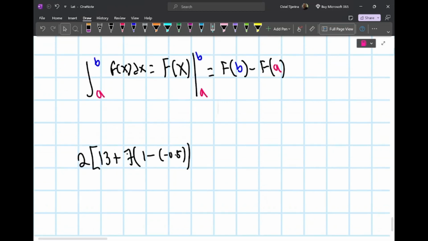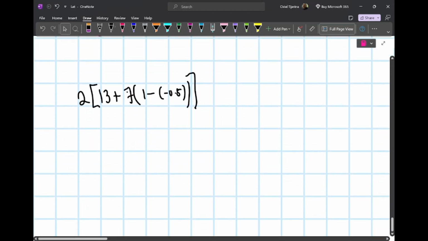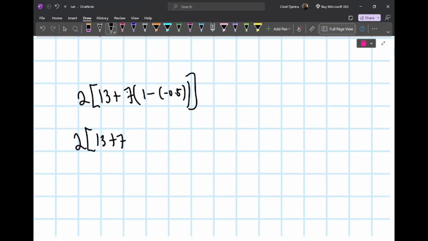The reason why this works, guys, is because, like I said, I know I'm over-explaining this, but we want to understand that this is times x, and it's from negative 0.5 to 1. So I'm just making sure we understand that this is really what this is. Okay, guys?